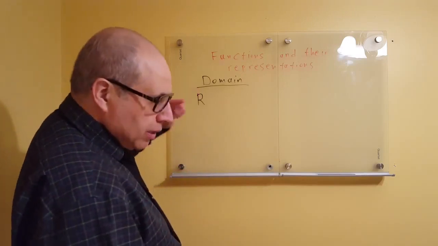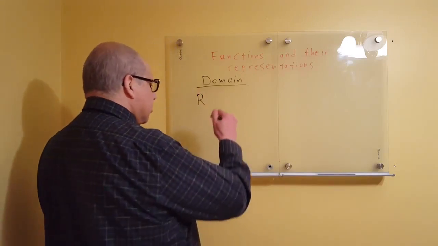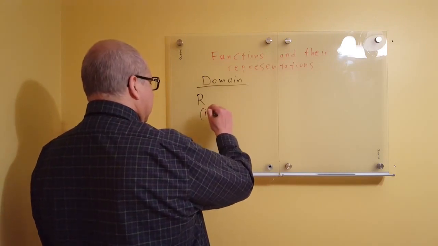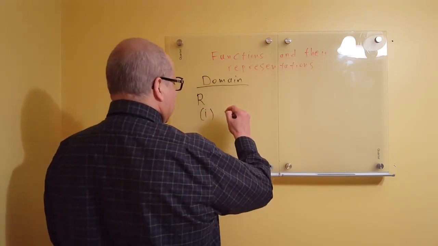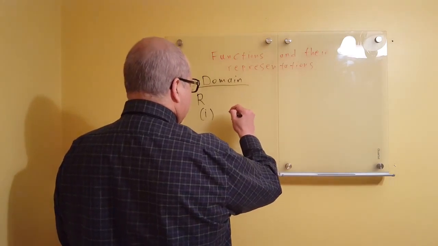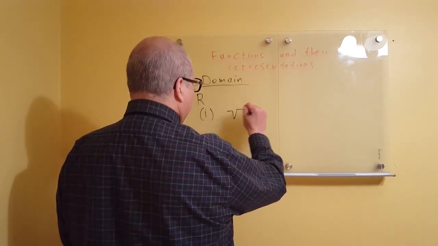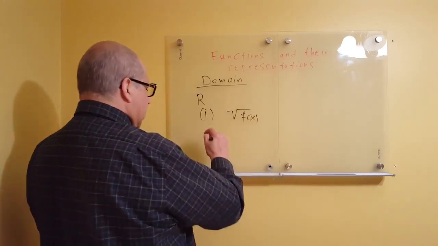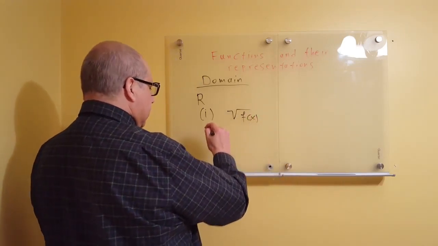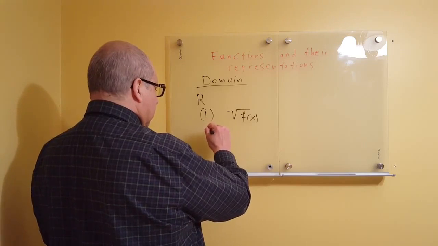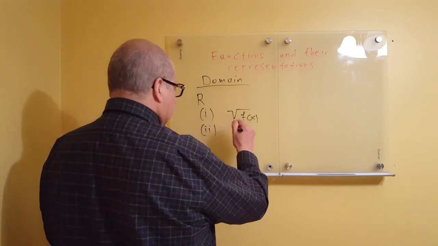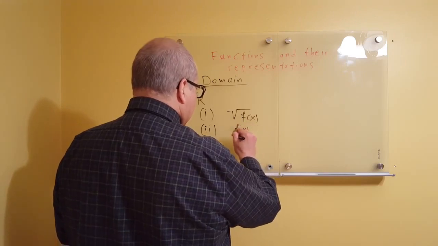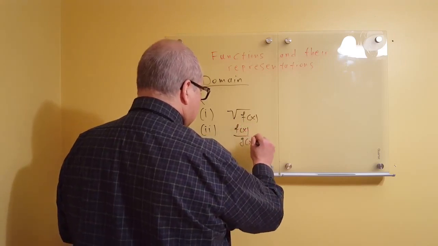So that will be the domain with two exceptions: when you have a square root of some function f of x, and when you have a rational function, like f of x over g of x.